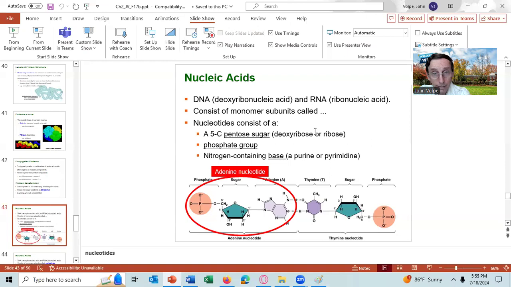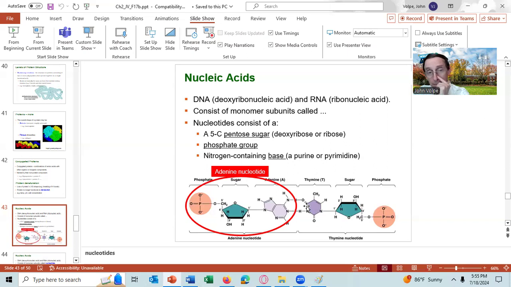And nucleotides consist of a 5-carbon pentose sugar, shown here in blue, and then a phosphate group, shown in pink right here, and then a nitrogen-containing base, which there are 4 of them, and one of them is shown here, and the other one is shown, well, 2 of them are shown here. There's one there and one there.